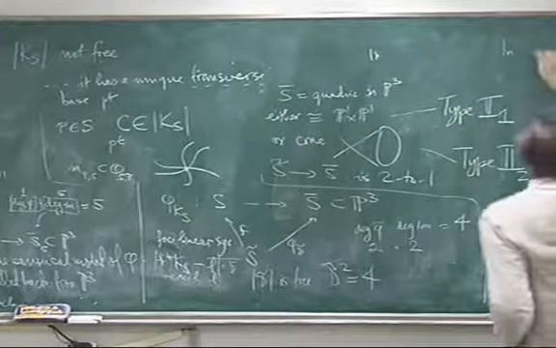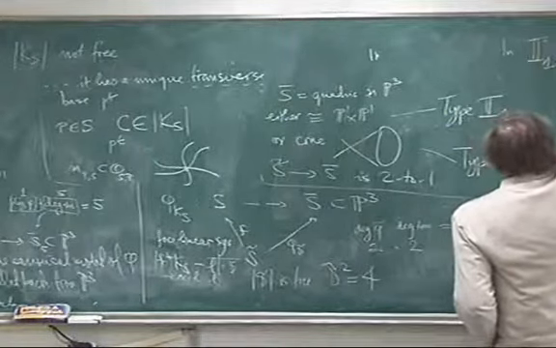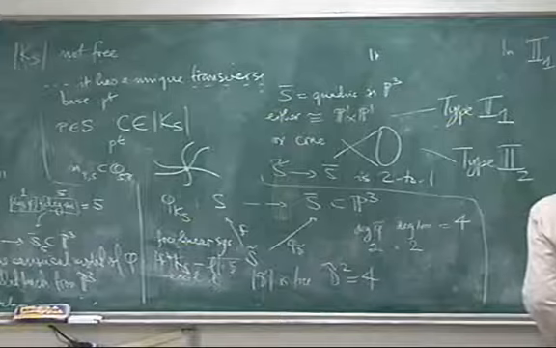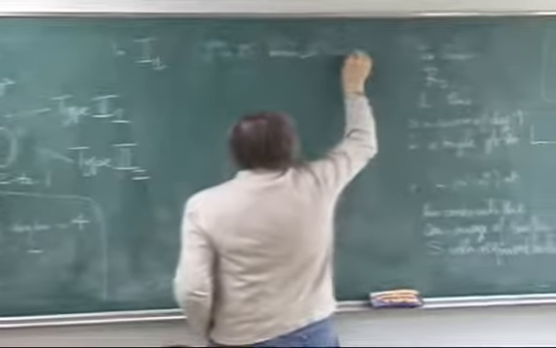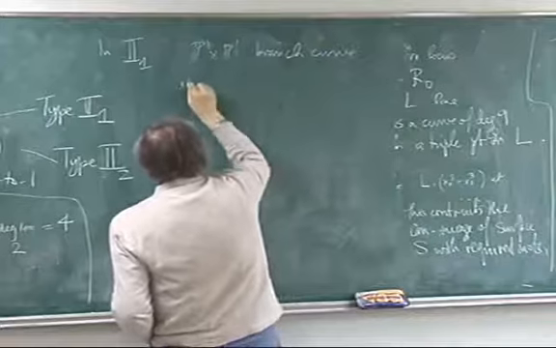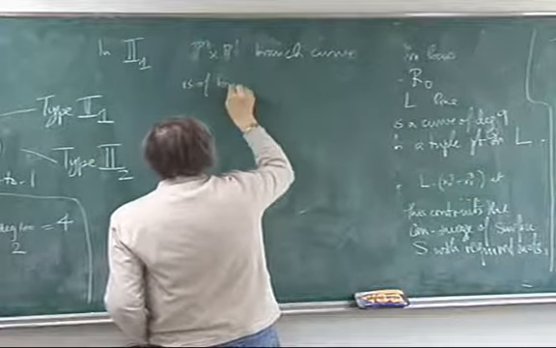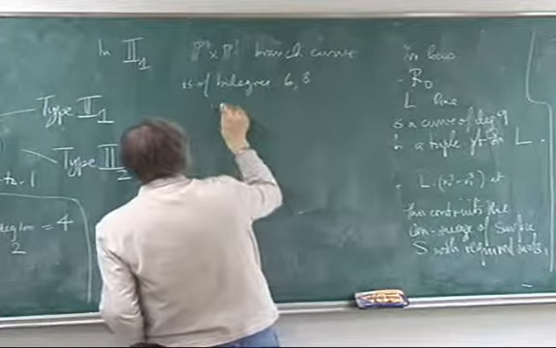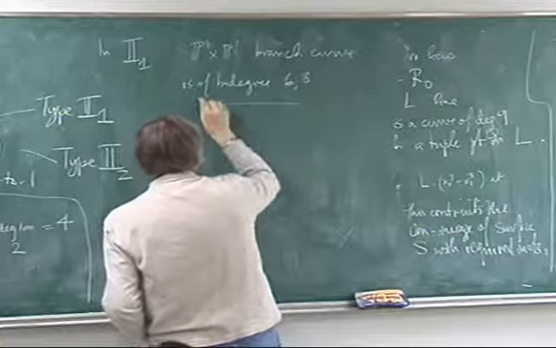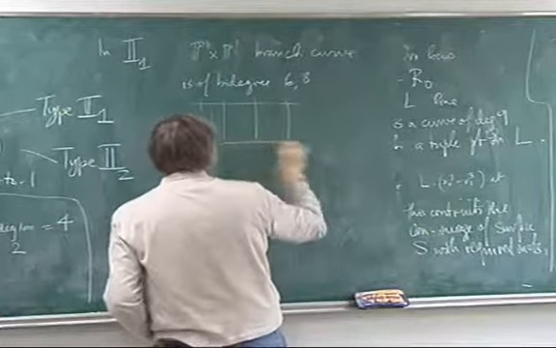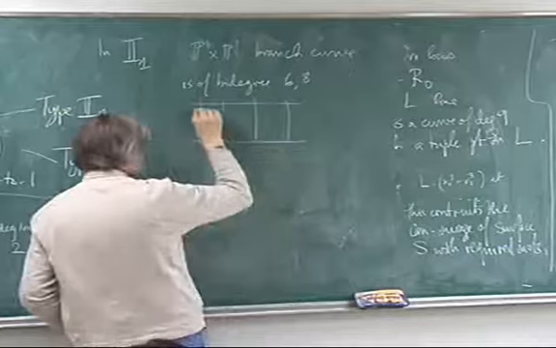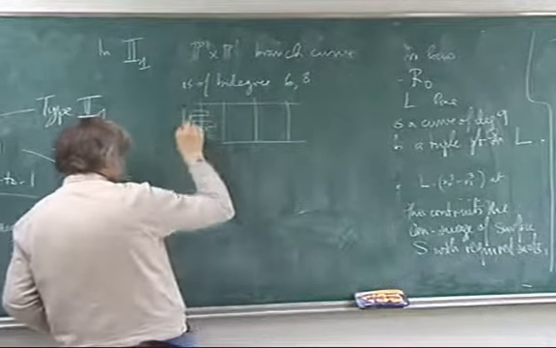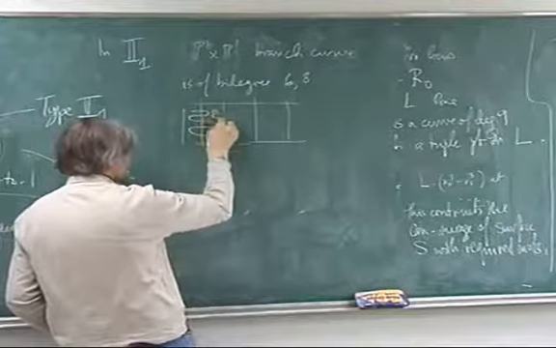So in 2-1, I've got P1 cross P1, and the branch curve is of bidegree 6, 8. Let me draw the P1 cross P1 like this. On each of these fibers it has degree 6. So there's an R0 here.